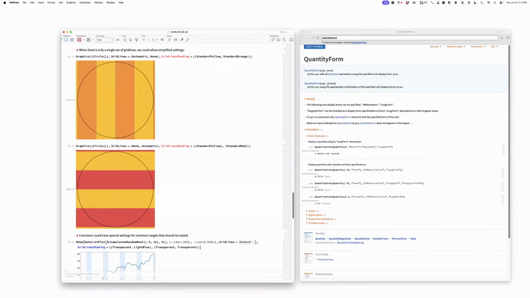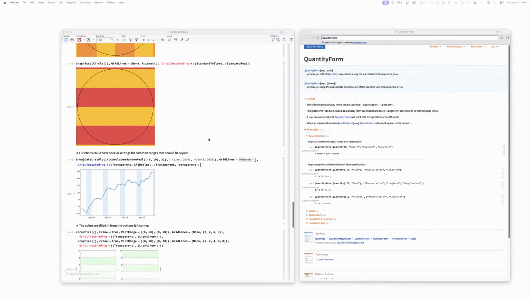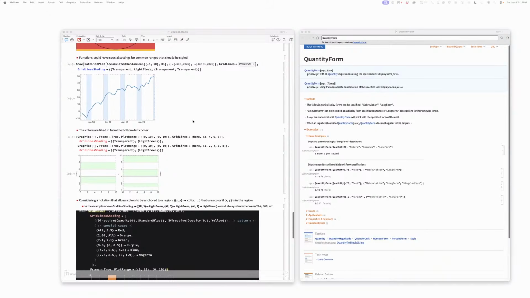So, for example, you provide your array of shading, and it does alternating colors between where the grid lines are. But it always starts from the bottom left corner. So if you scroll down a little bit to where we have the light green, you add one more grid line or things shift a little bit, and what was green flips to empty and vice versa.